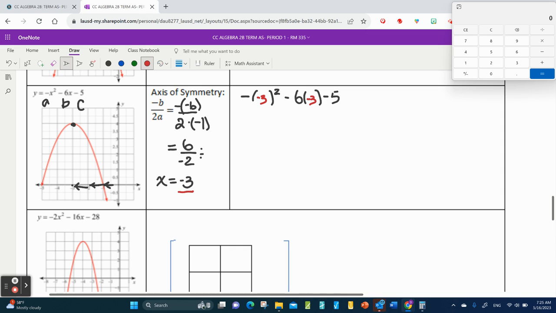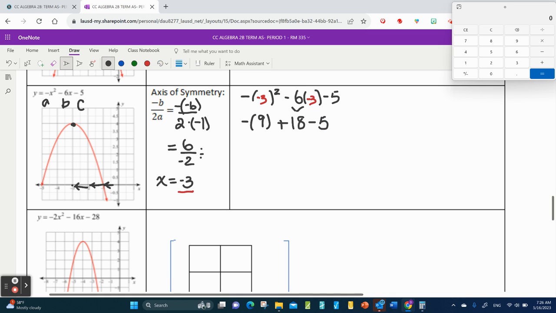Now, as I do that, I'm going to go ahead and start solving the problem. The first thing is I need to find here -3 squared. That's going to be negative of 9. Then in here, -6 times -3 becomes a positive 18. And the -5 is still there for looks.